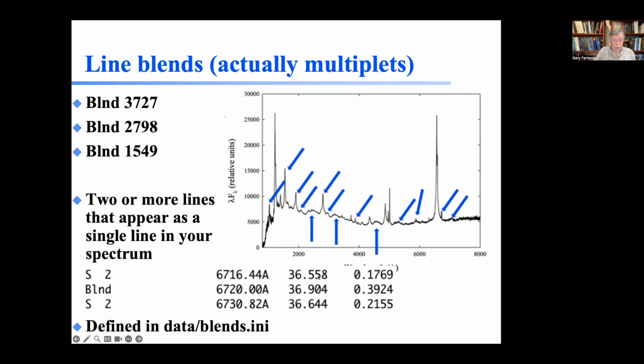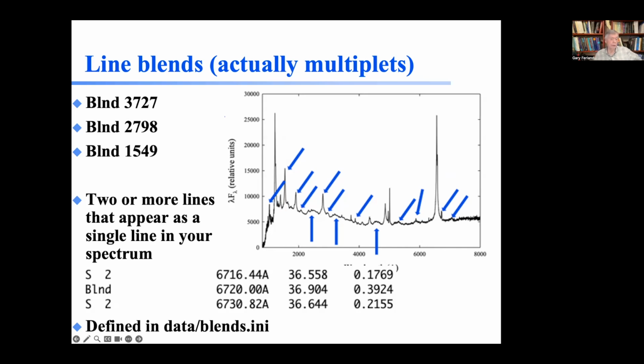So this is the output in the same units. This is the linear intensity. You'll see that the blend is the sum of these two. This is a convenience. If you've measured sulfur II 6720, the blend, relative to H alpha, you can just extract the blend and H alpha and study that intensity. Otherwise, you'd have to script up plucking out each of the sulfur II lines and then adding them together after the fact.